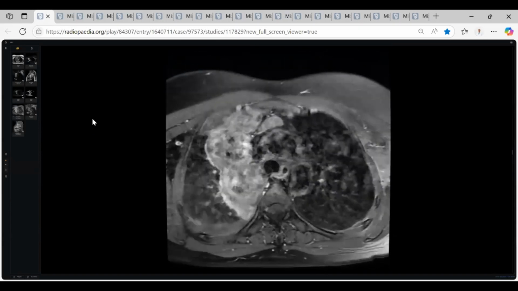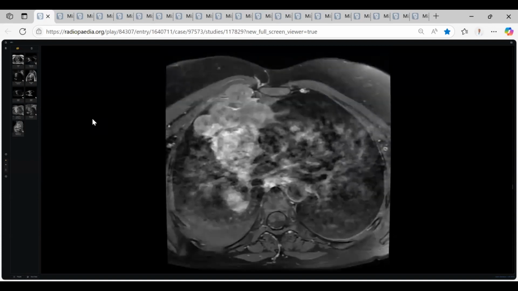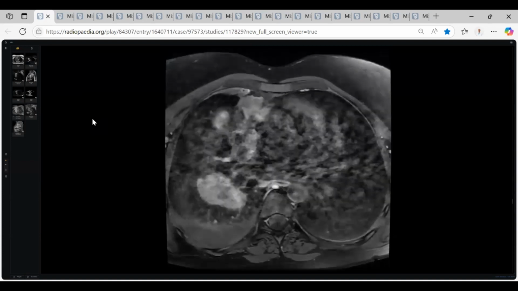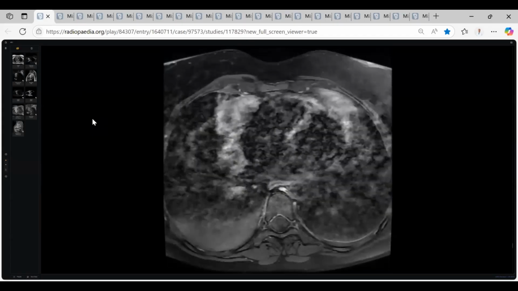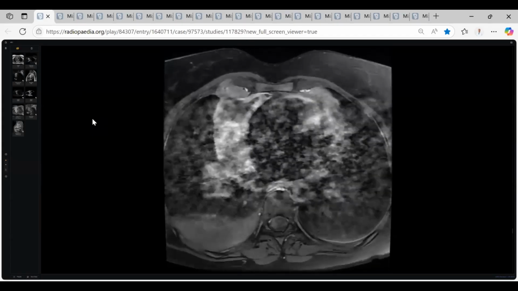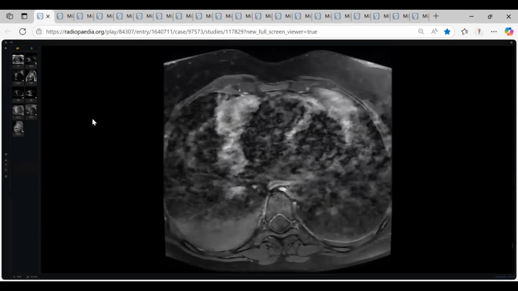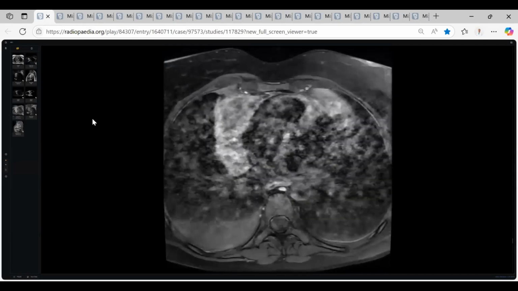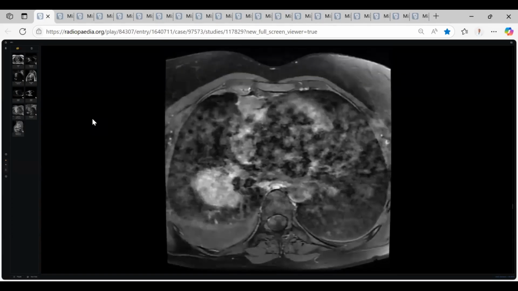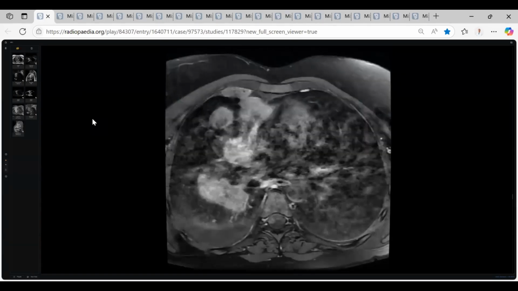Is there any metastasis? No nodularity is seen in the pleural surface or significant pleural thickness. It looks negative for invasion, but there is pleural effusion that most probably suggests extension to the pleura.